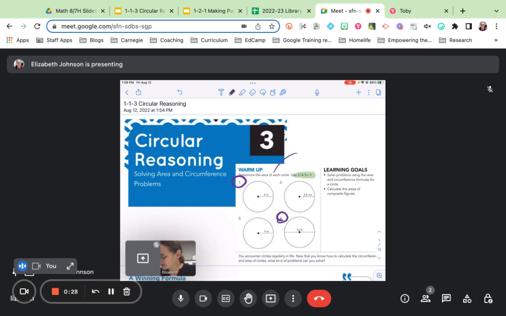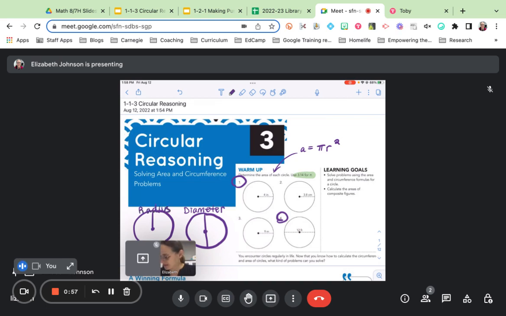And just as a review, the area of a circle is going to be equal to pi multiplied by the radius squared. And you guys also know that when we're talking about circles, the diameter goes all the way across the circle. That's the diameter. The radius is half of the length of the diameter. It goes from the center of the circle to the circle, and that's our radius.